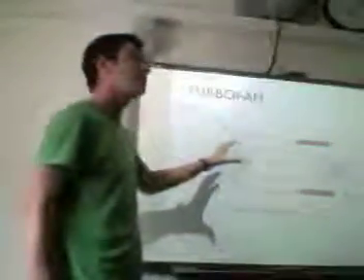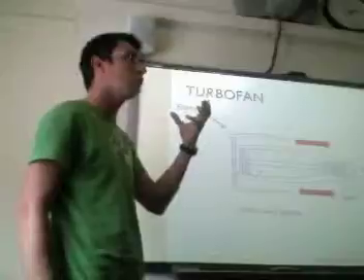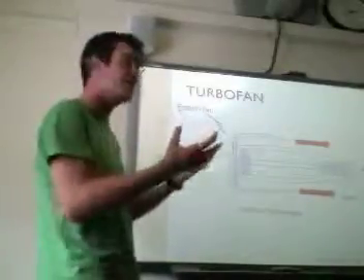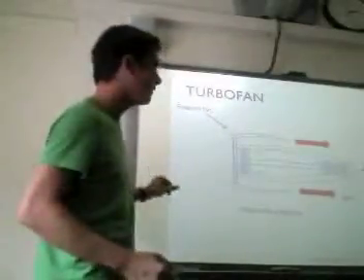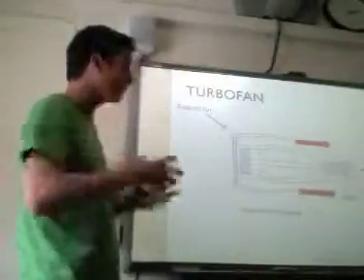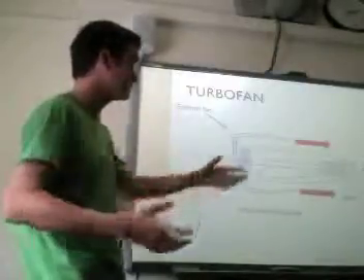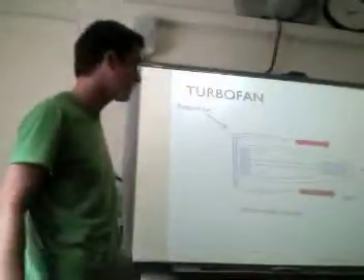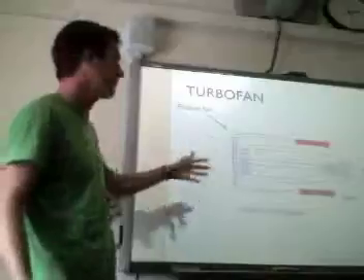So the 85% of thrust is produced by what we call a cool stream, so it's just clean air. And you have 15% of thrust produced by what we call the hot stream, that is exhausting gases. So it's a very clean engine.